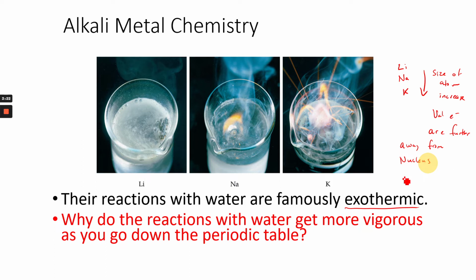Because they are further away from the nucleus, your ionization energy decreases. Which means as you go down a group or family, it is even easier to remove an electron. And the ease with which you can remove an electron explains how reactive it is. So if you can remove an electron even more easily, your substance is going to be more reactive.